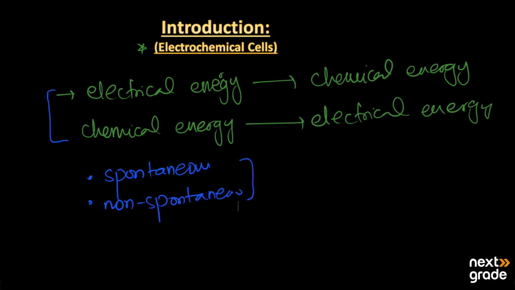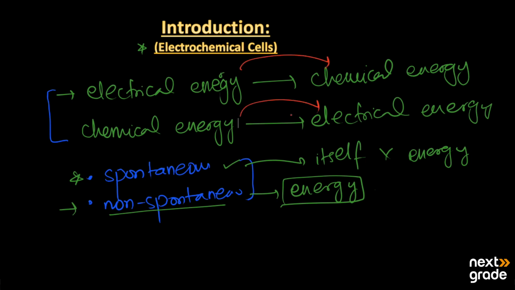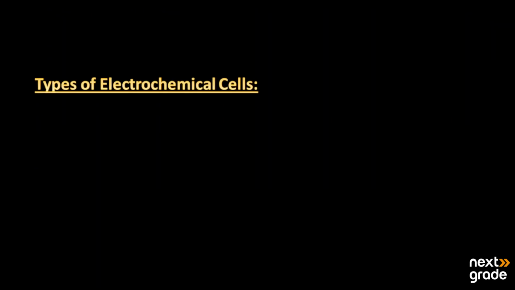A spontaneous process happens by itself and does not require any type of energy. A non-spontaneous process requires energy and cannot happen by itself; it requires a specific type of assistance from outside in the form of energy. So electrochemical cells convert electrical energy into chemical energy and chemical energy into electrical energy.